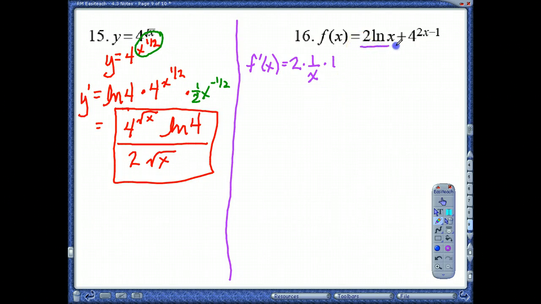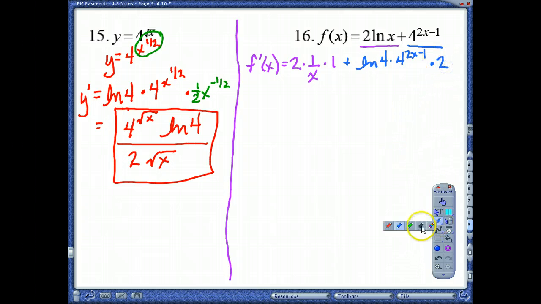So that's this term right here, plus, and then the derivative of our exponential there, natural log of the base we do have, times our exponential as is, don't change a thing, times the derivative of that exponential, which would be just 2.